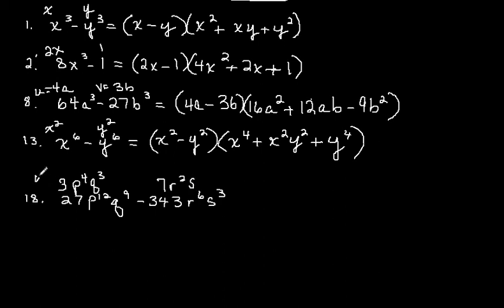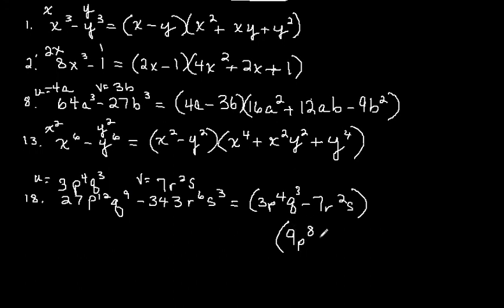So this is our u, and this is our v, and we have to just plug it into the formula. So it's u minus v, so it's 3p to the 4th, q to the 3rd, minus v, which is 7r squared f, times, I'm going to run out of room, so I'll go down here, times u squared, which would be 9p to the 8th, q to the 6th.